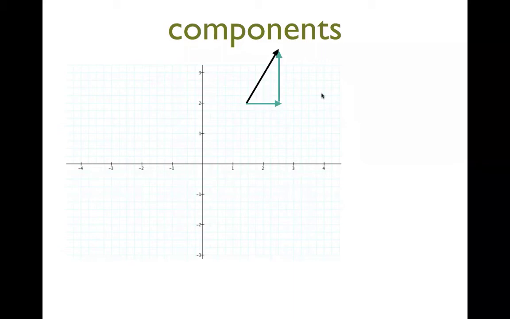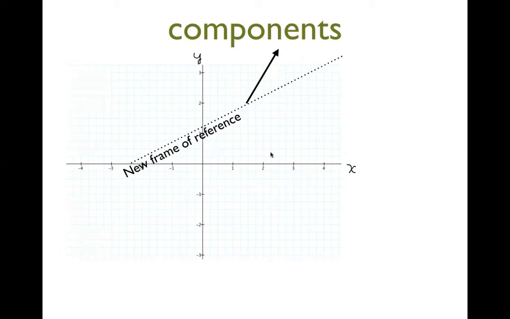And we've done a lot of this, dissecting a vector into its components. But what about if I have a new frame of reference? Those components were based on the frame of reference of x and y. My horizontal component was my x component, and my vertical component was my y component. But what if I don't care about x and y anymore, and I want components of this vector for this new frame of reference?